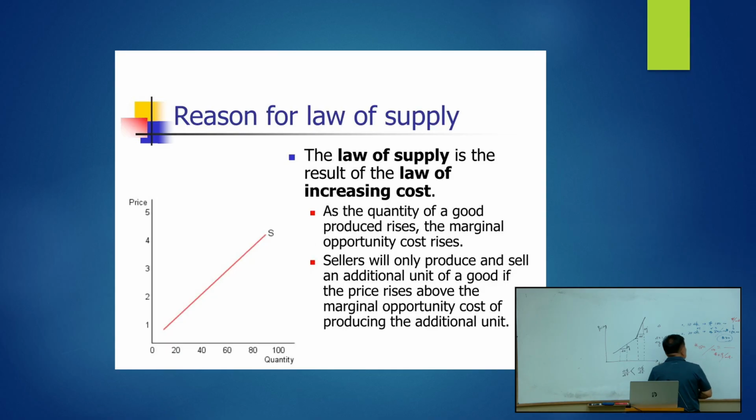So the marginal concept is $1.90. So this marginal concept is decreasing. That's why the suppliers increase the product units. This is the marginal concept. Okay. The reason for the law of supply is that the marginal concept is adopted there.